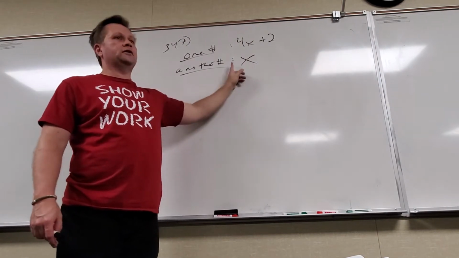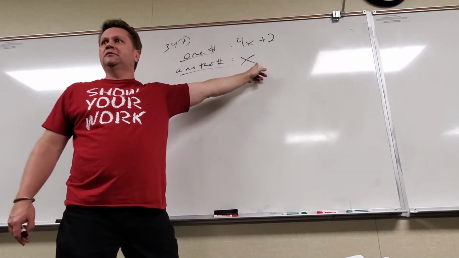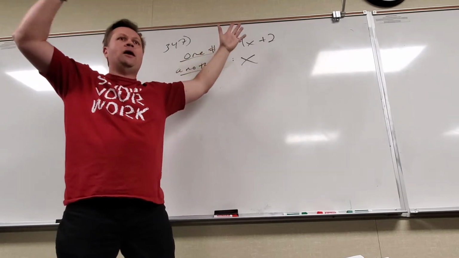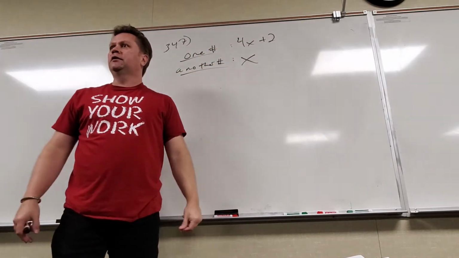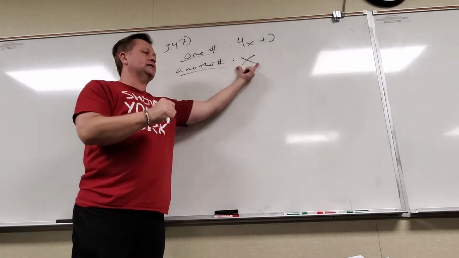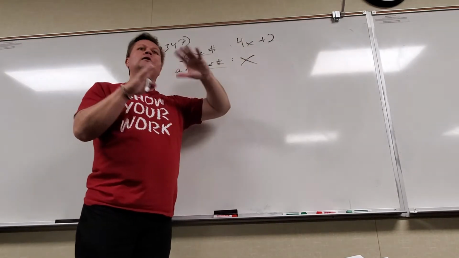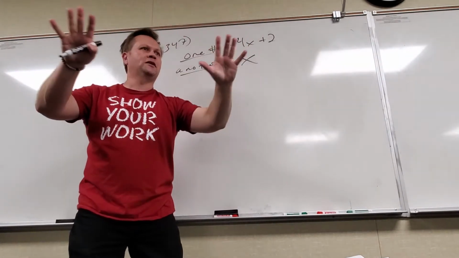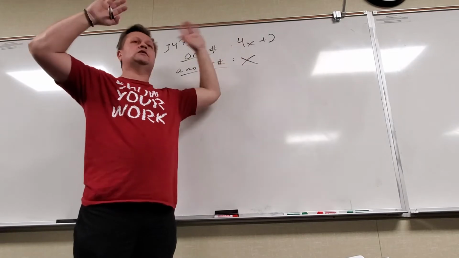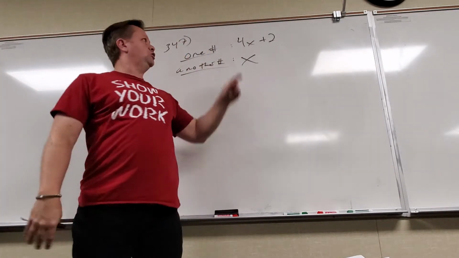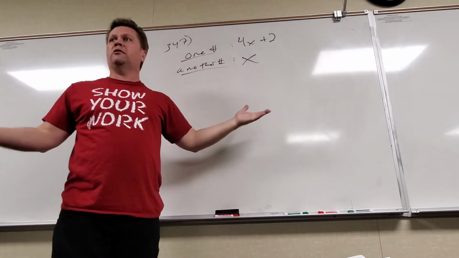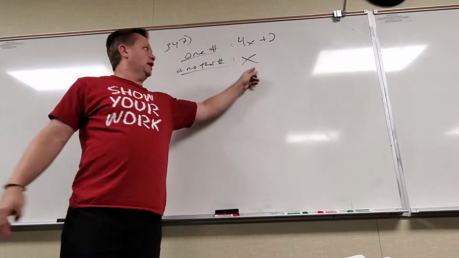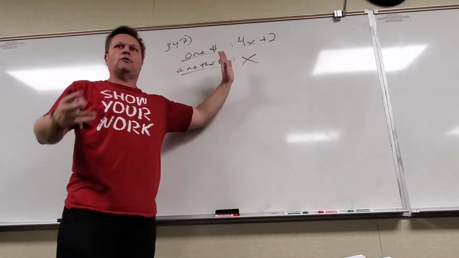You could call this guy 17x. You totally could. It would work. But why would you do that to yourself? I'm going to call one of them just x and then build right off of that guy so that I have less to deal with. So you almost always want one of these to be just x, because you don't know either one. So one of them I'm going to call x, and then the other one is related to that one.